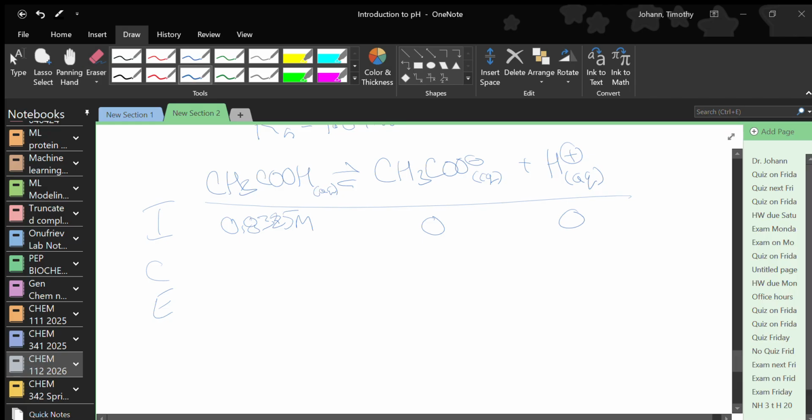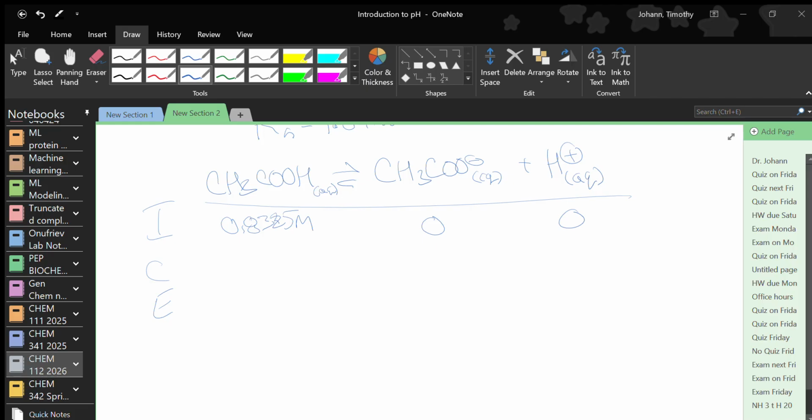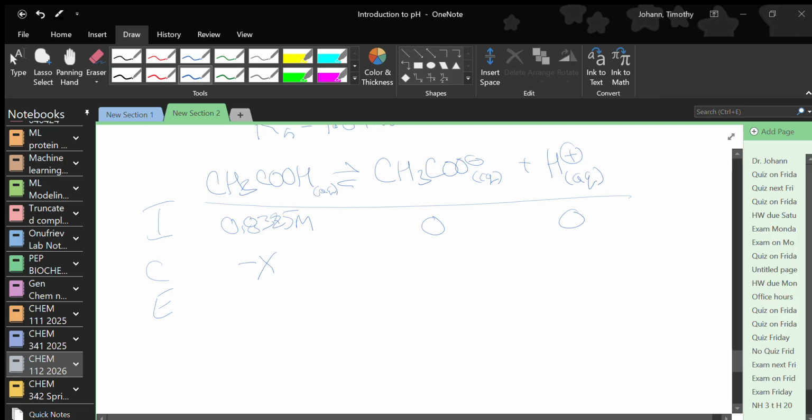Now, what's our change going to be? I put in all acetic acid. I have all the reactants. I have none of the products. What's our change in acetic acid? Minus X. And if one acetic acid goes away, how many acetates, the base, do I get? 1. So plus X. And how many H pluses? The same thing, right? Okay.